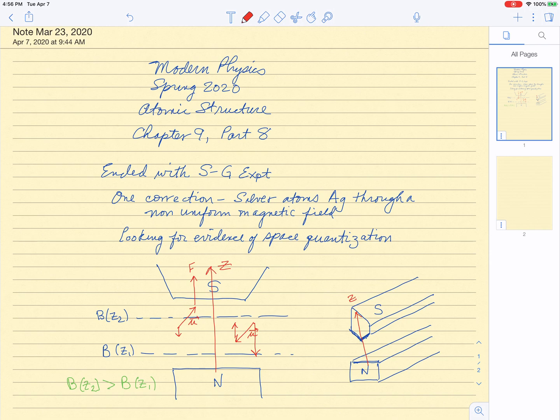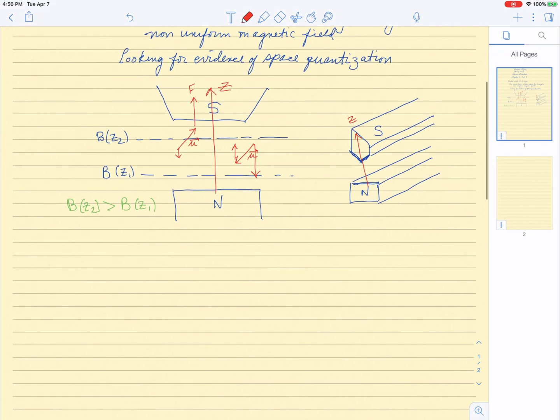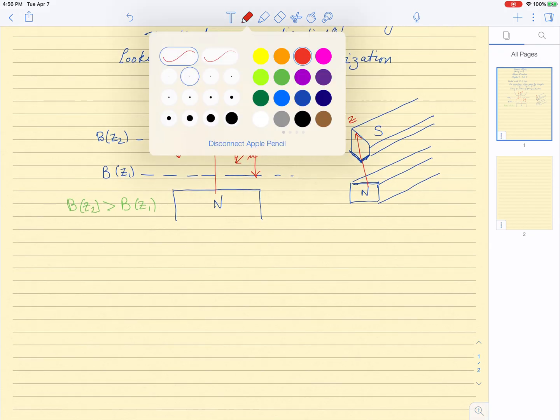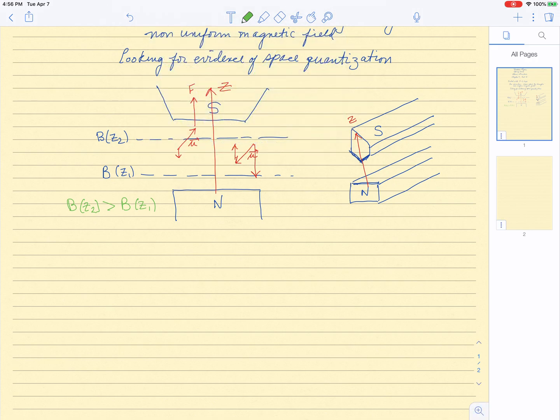And classically, if we were to have a detector downstream here, some screen, and if you read the article from Physics Today, you'll get to realize exactly what that detector was in 1921.